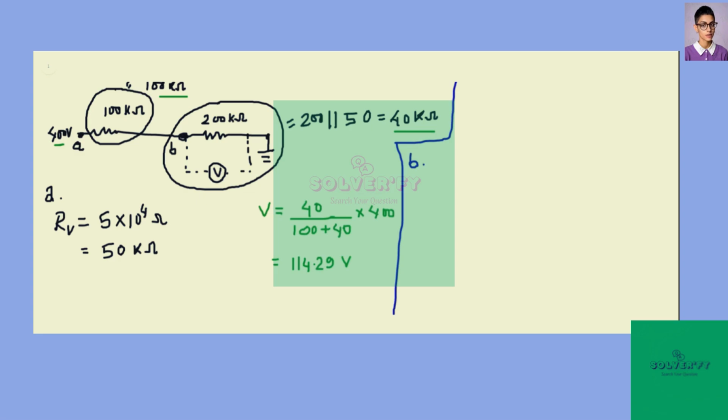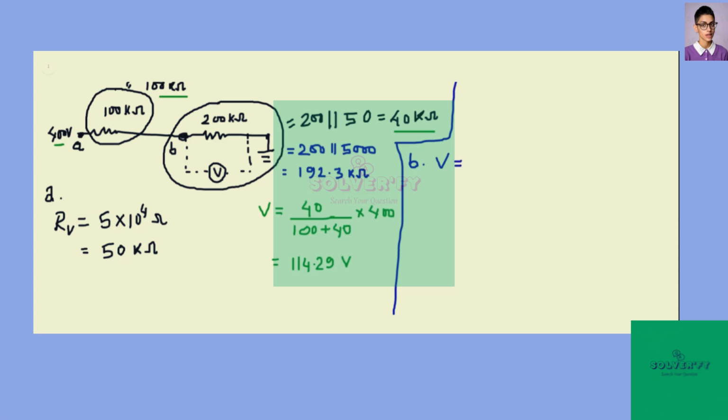So for part B the resistance would be 200 parallel, how much? Now it is 5 into 10 to the power 6, so that is 5000 kilo ohms, right? And this should be equal to 192.3 kilo ohms.